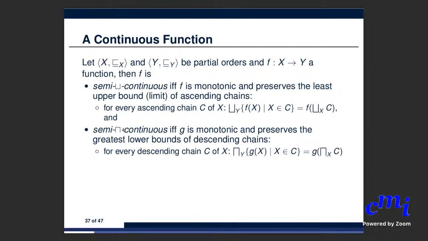Similarly, it is continuous for meet if it preserves the greatest lower bounds for all descending chains. That is, if you have a chain in the domain X and you apply f to each element, you get an f chain, and in the limit those two should be preserved.